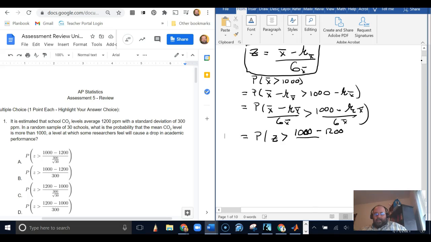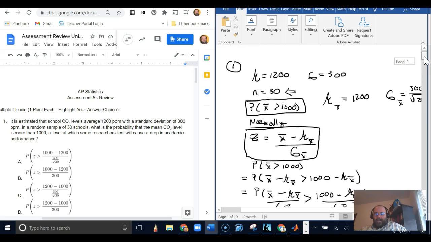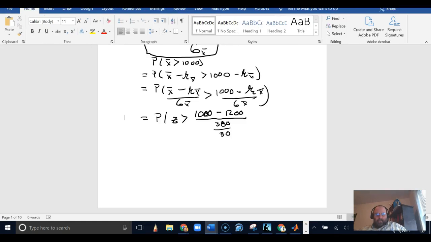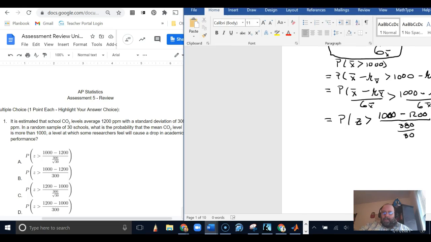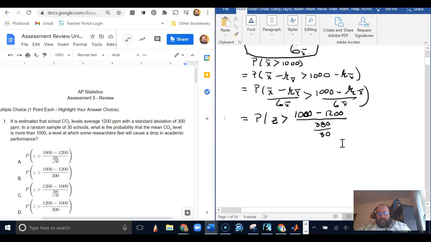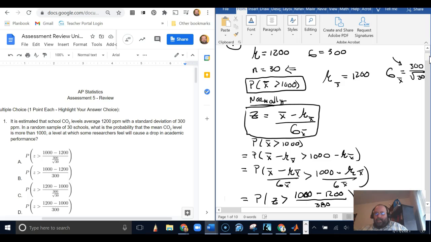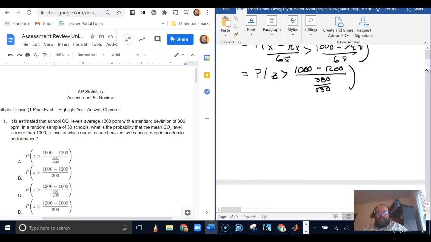And the sigma of the x bars is 300 over the square root of 30, right? I got that from right here.